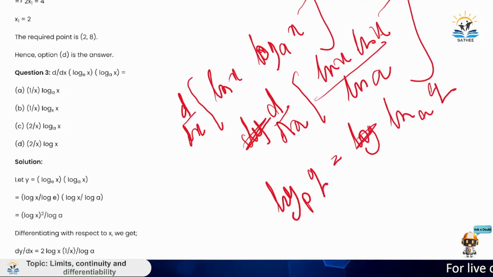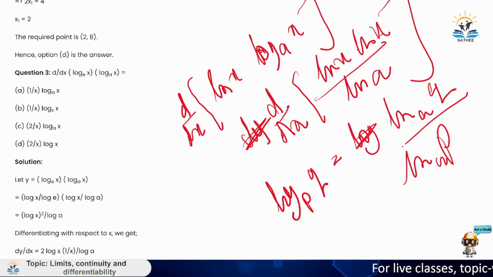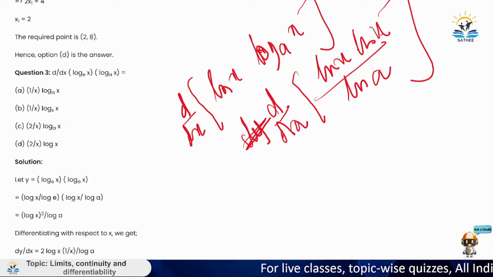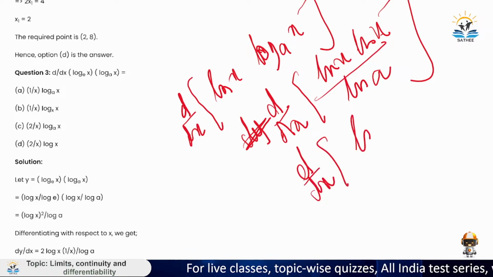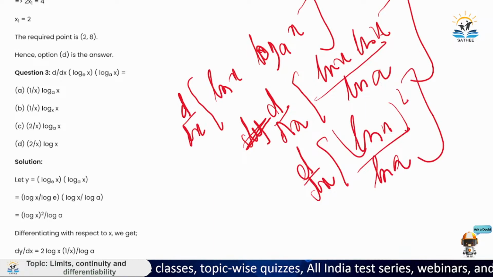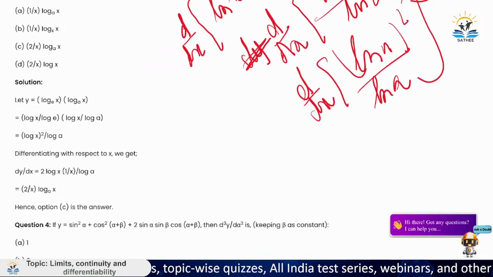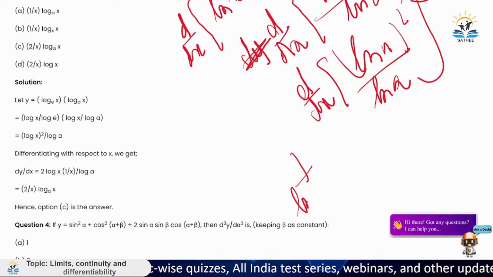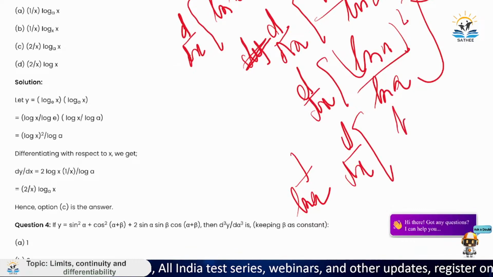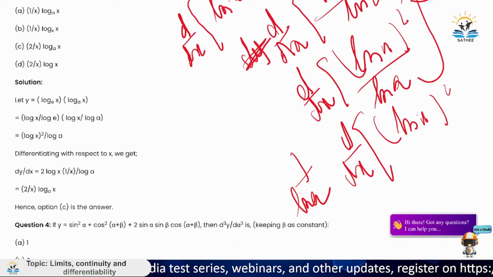Here we have taken our base as e, because that makes our calculation easier. So it gives us dy/dx = d/dx of (ln x)² upon ln a. So ln a is constant here, so we'll take it out, and now we are left with d/dx of (ln x)².